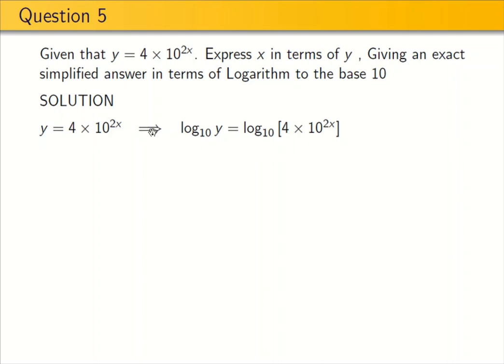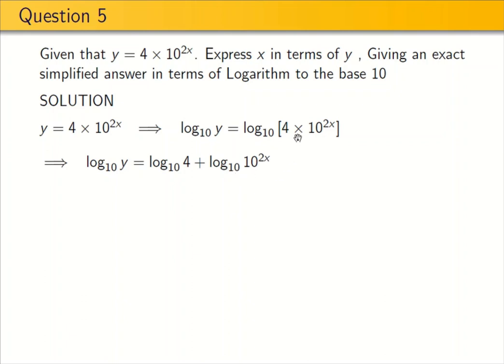Okay. And doing that, logarithm of y base 10 equals logarithm of the whole of this expression, 4 times 10 to the power 2x base 10. And we know that from the product rule of logarithm, I can expand this by saying that logarithm of y base 10 equals logarithm of 4 base 10 plus logarithm of 10 to the power 2x base 10.